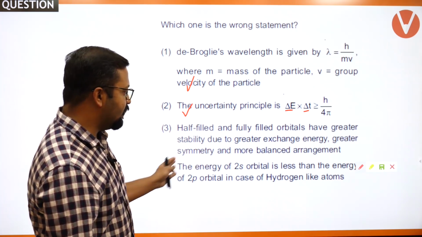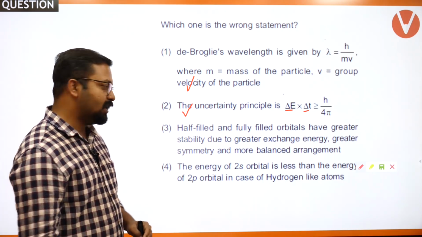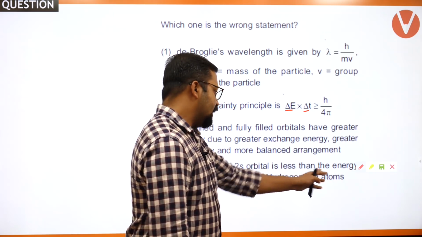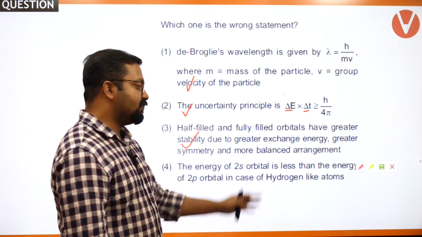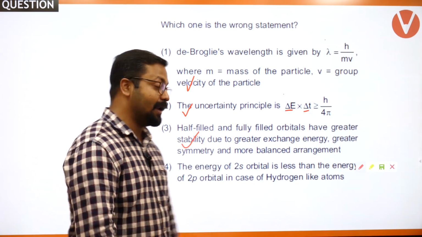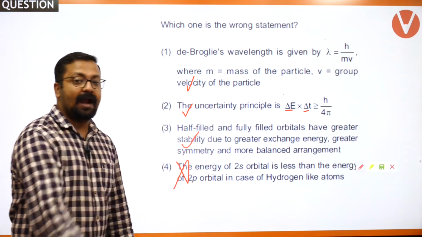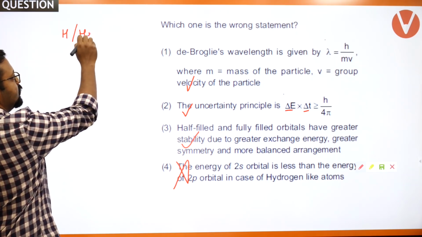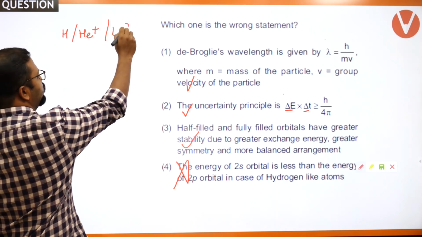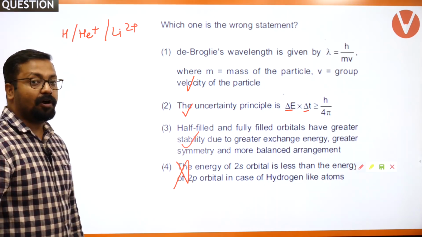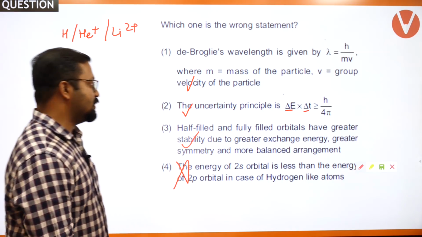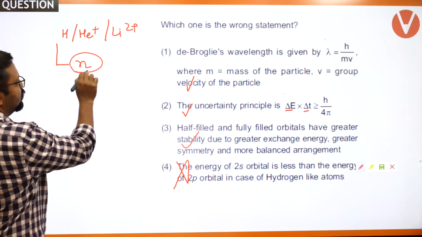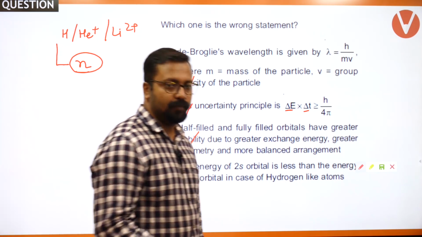Half filled and full filled have greater stability with greater exchange energy, which is correct, and symmetry. The energy of 2s orbital is less than the energy of 2p in case of hydrogen like atoms, which is incorrect. In a hydrogen like atom, like hydrogen or He plus or Li2 plus, the energy of orbitals is dependent only on the value of n, only on the principal quantum number.